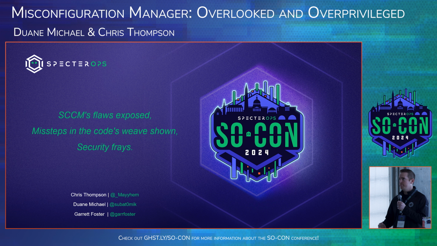But if that account is admin on another machine, then you could relay it there. And that account is admin on all of the other site systems in the SCCM hierarchy, and it has sysadmin access to the database. So if those are hosted on different systems, that's a way to abuse that.